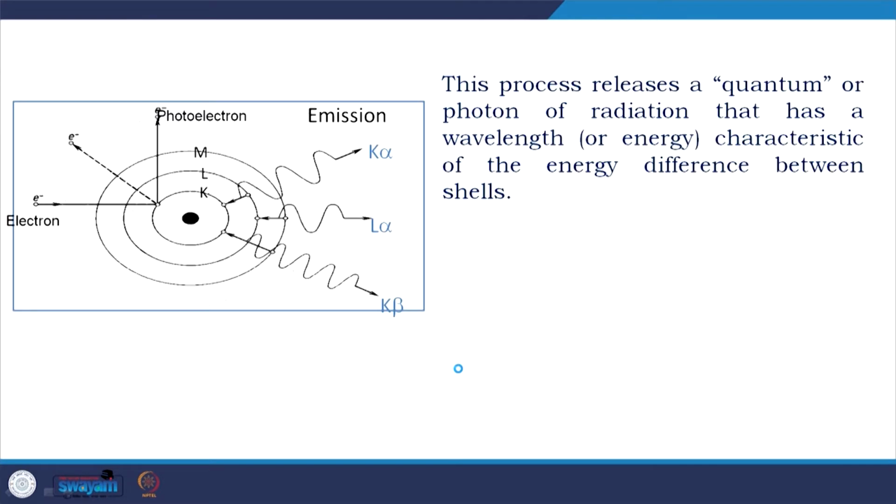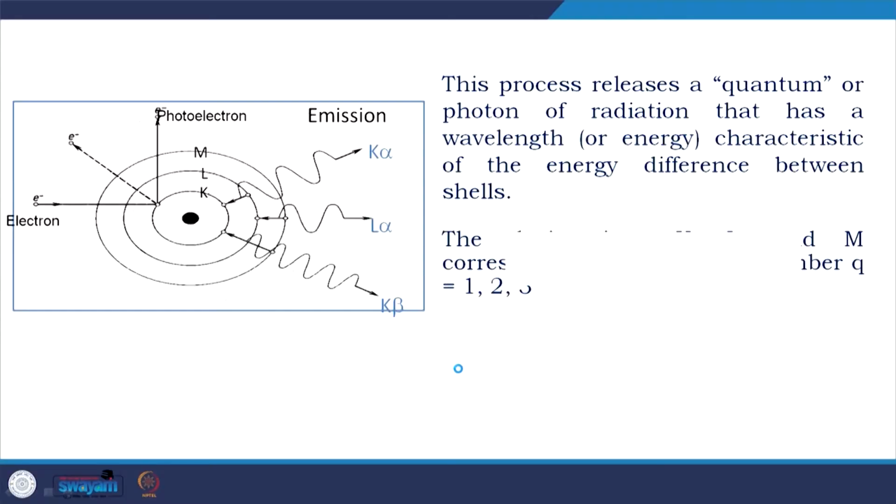This process releases a quantum or photon of radiation that has a wavelength characteristic of the energy difference between the shells. So, when it hits, an electron is released and the other electron comes and fills the hole.